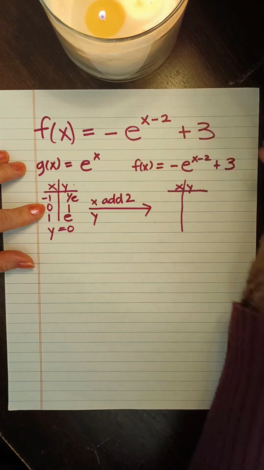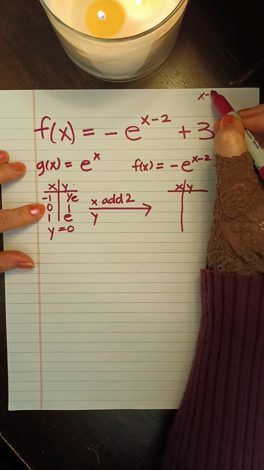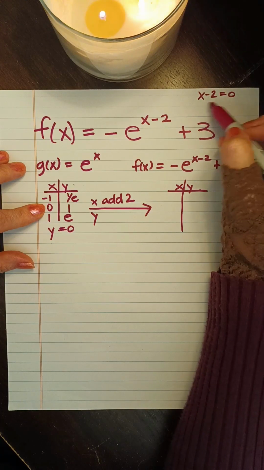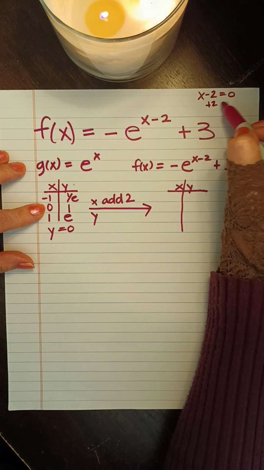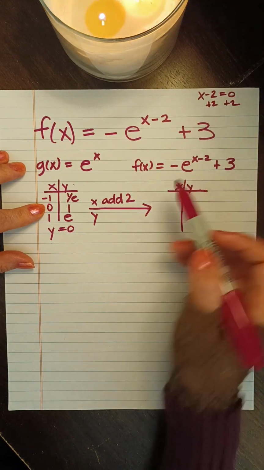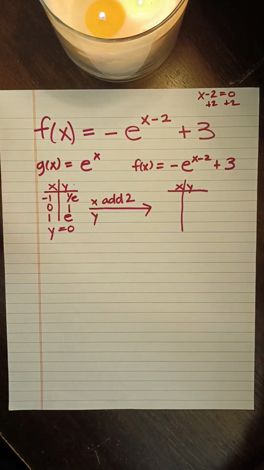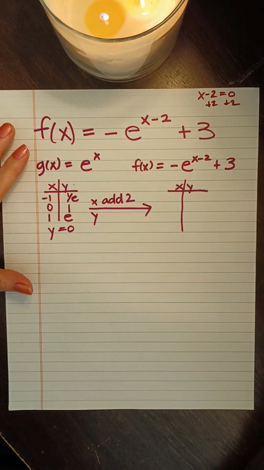Just as a little scratch work over here, we want this to be 0, so you would add 2 to both sides. And that's where that opposite operation idea comes from, because you're actually solving for x. But you just remember, you just do the opposite.